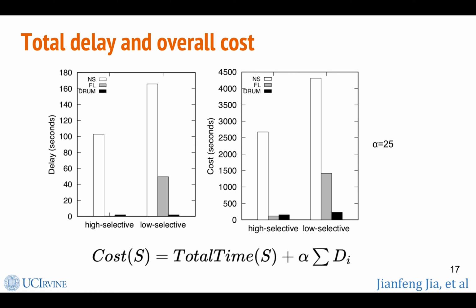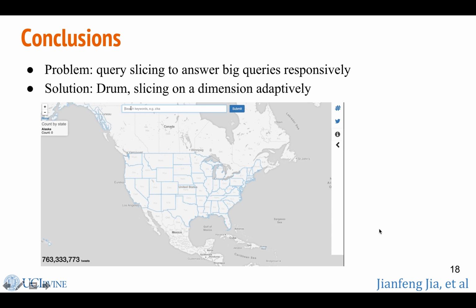The Drum framework, for both highly selective and low selective keywords, can adaptively pick the number of queries to run, and correspondingly the cost of Drum is pretty consistent, agnostic to both highly selective and low selective keywords.